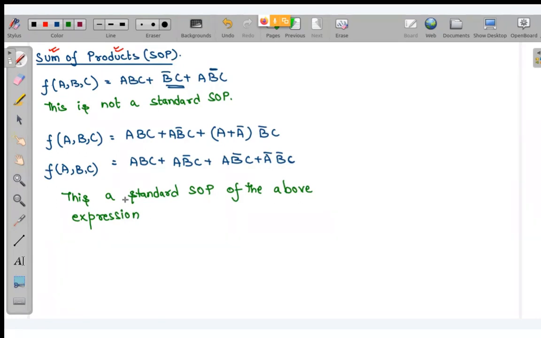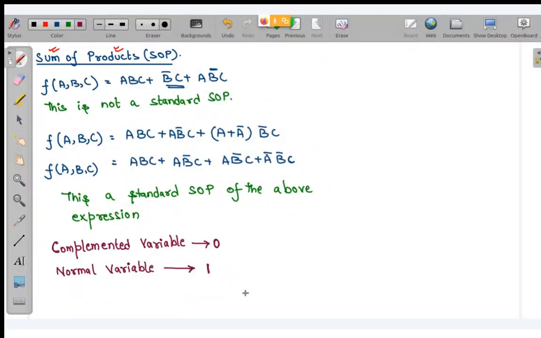Now the most important thing. In sum of product representation, a complemented variable corresponds to 0 and a normal or uncomplemented variable corresponds to 1.